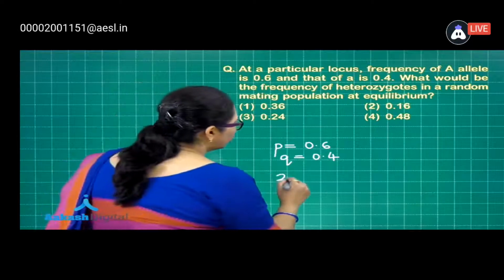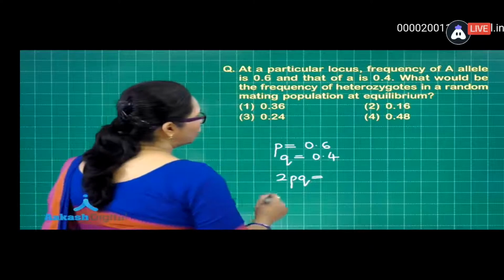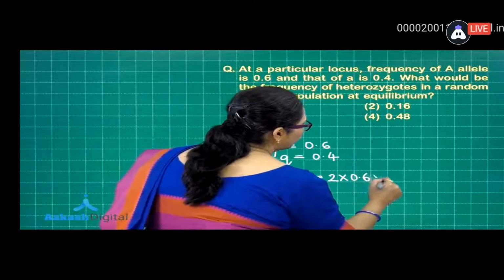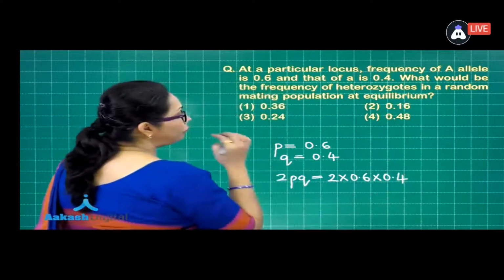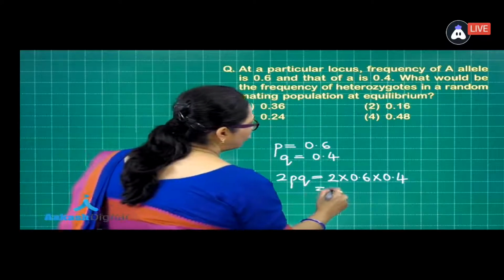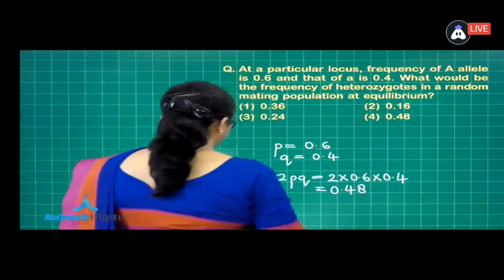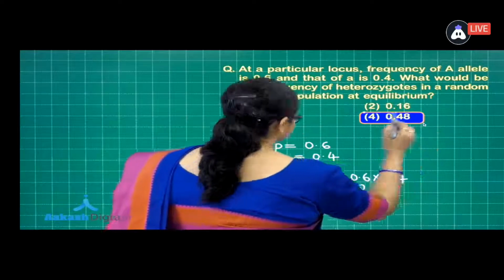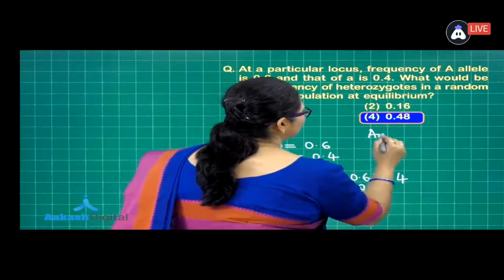For heterozygotes, we have seen that it should be 2pq. So this is 2 multiplied by 0.6 multiplied by 0.4, which would be 0.48. Here in option number 4, we can see it is given, and that would be our correct answer.